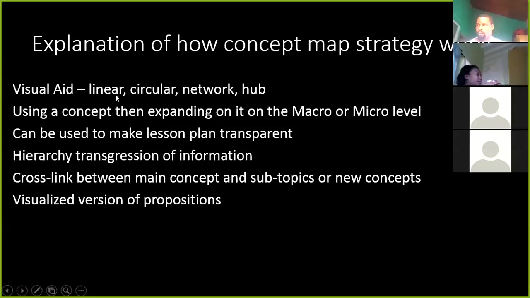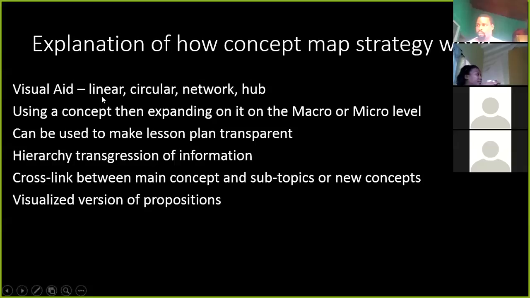Samuel was asking, how do they look? If you go onto the RVLE under the concept map, you will be able to find a nice nifty little folder that has a great little diagram of the way linear, circular, network, and hub-like concept maps are structured.